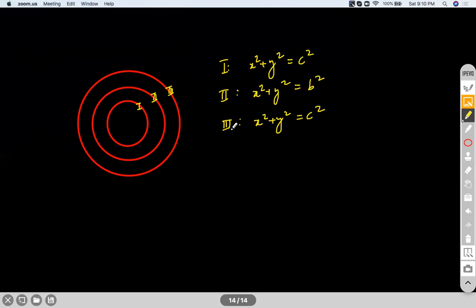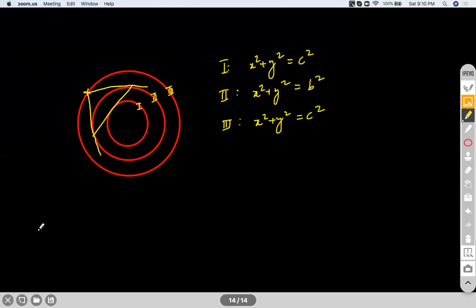Now listen to the question very carefully. The chord of contact of tangents drawn from a point on the outer circle. Let's say this is a point and you draw a chord of contact. This is the chord of contact.